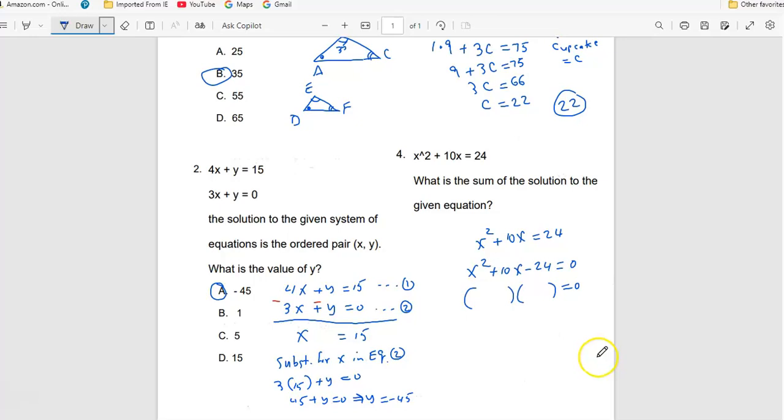Or you can look at it this way. You're looking for two numbers. The product of these two numbers is negative 24 and the sum of these numbers is positive 10. So how can I factor negative 24? It could be 2 times 12, but one of them positive, the other one negative.